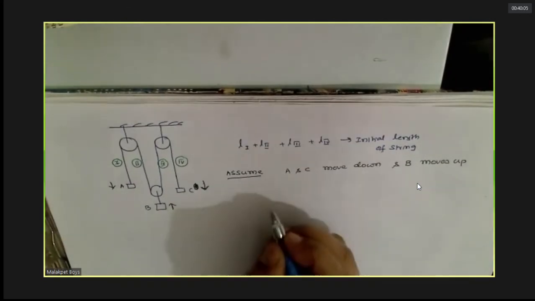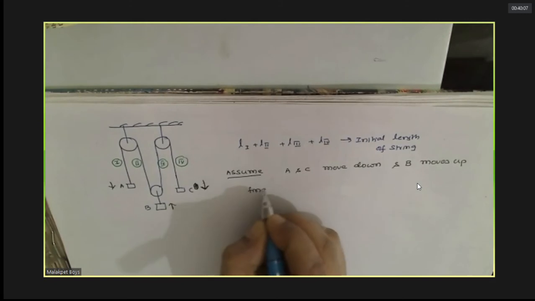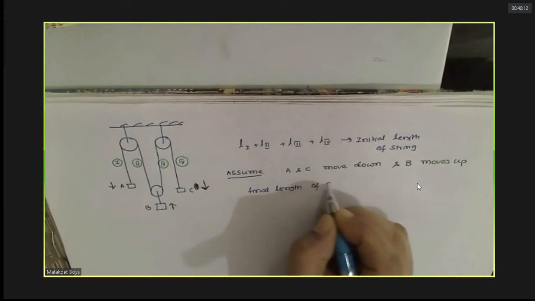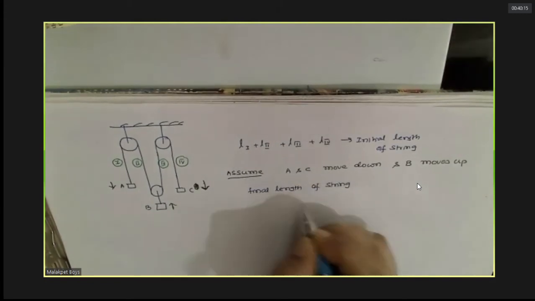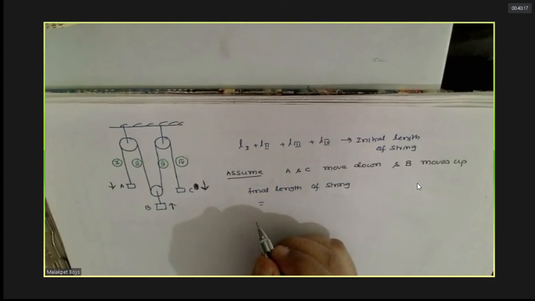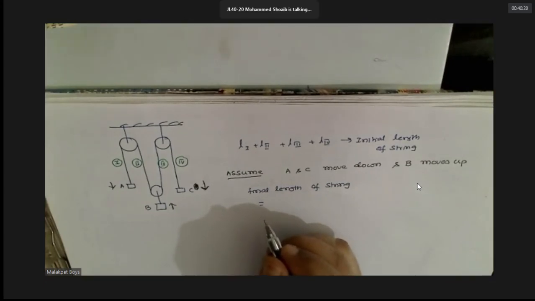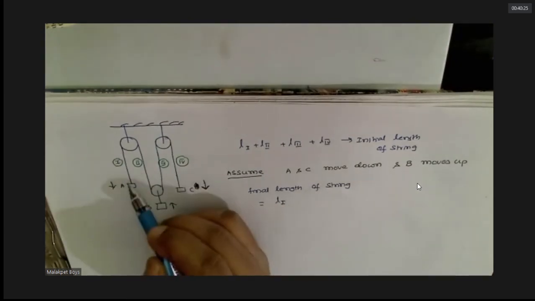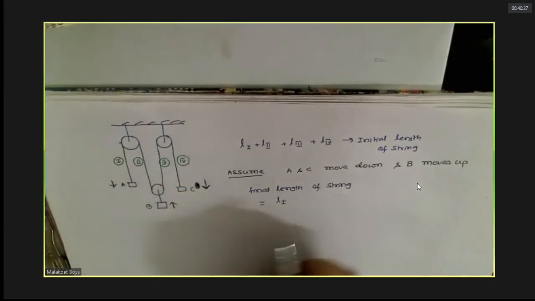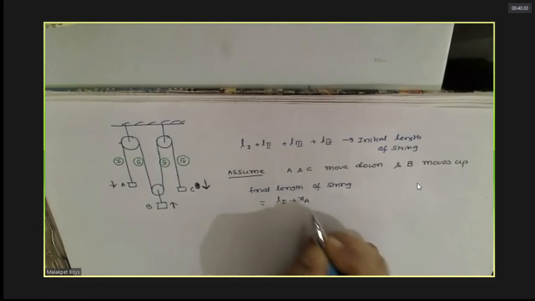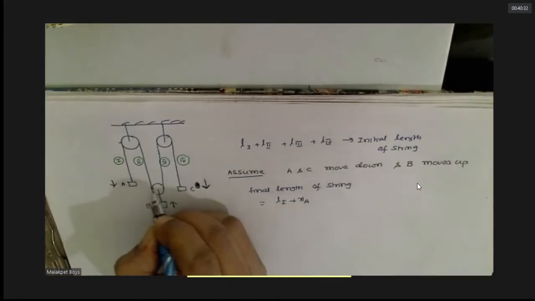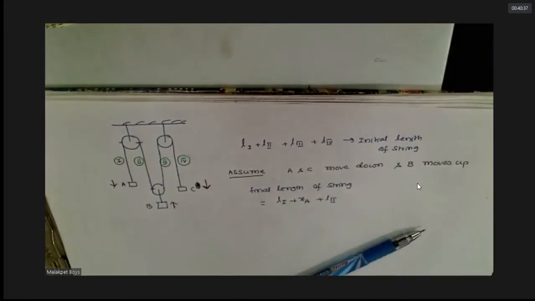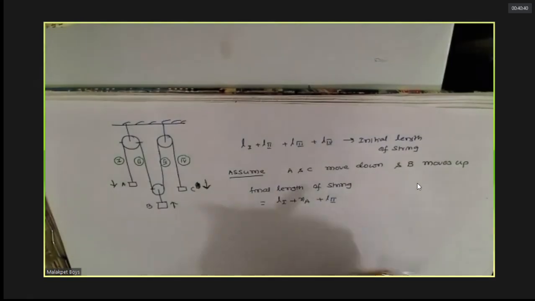Can you tell what is the final length? L1 plus XA. See, this is fixed. That end is not there. This part is there. L2 minus XB.